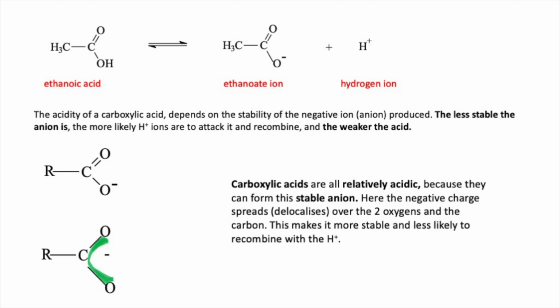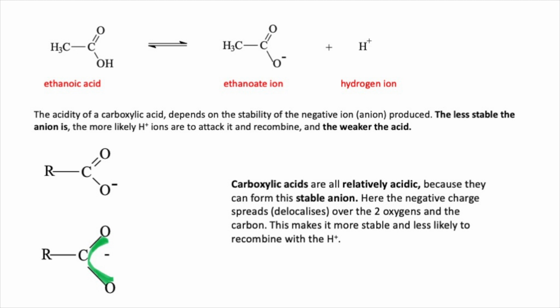This is quite effective at stabilizing this anion, and it is more stable than a phenoxide ion, which we covered earlier in the course when we studied phenol's acidity. You remember that phenol is acidic because its phenoxide ion can stabilize by the negative charge spreading over the benzene ring. Now this is more effective than that.